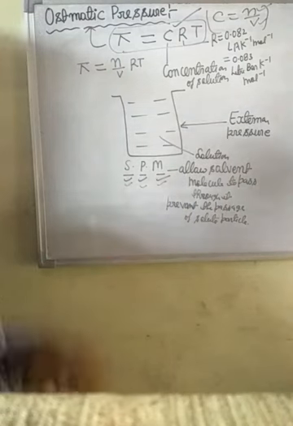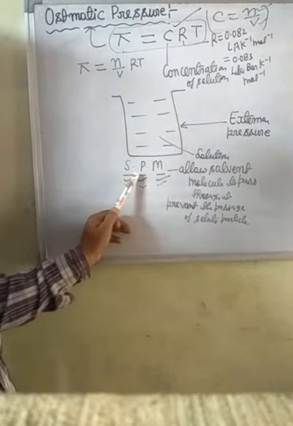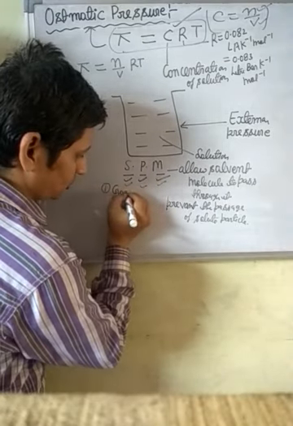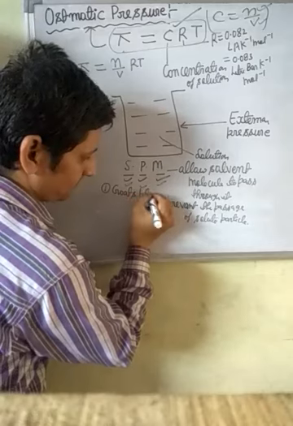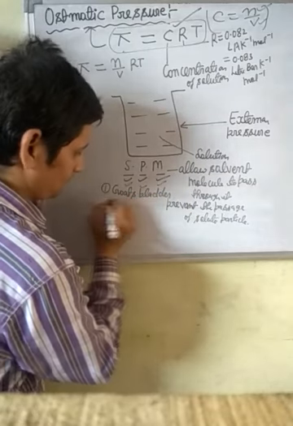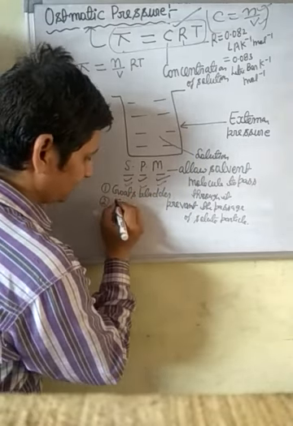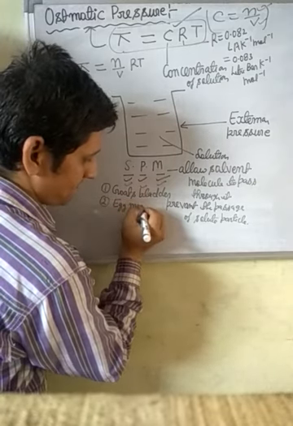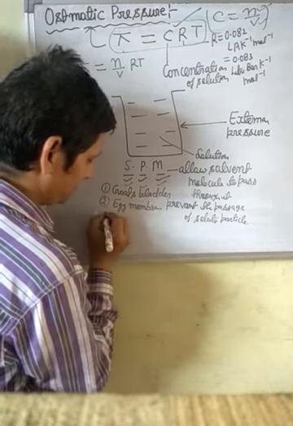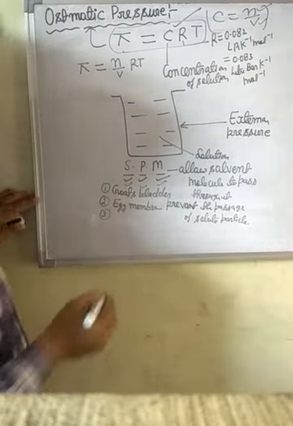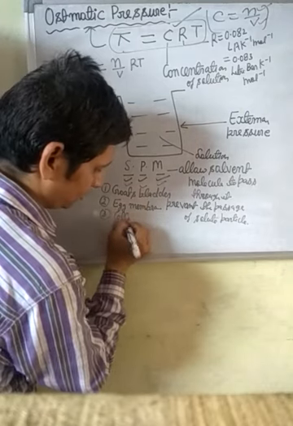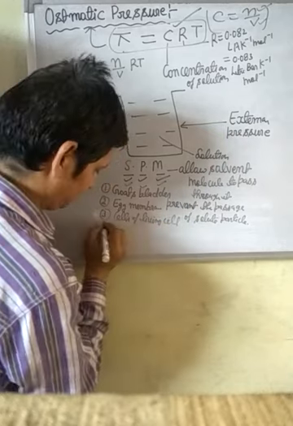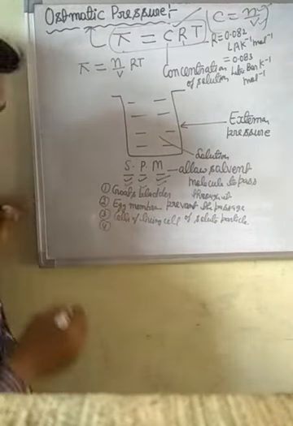Okay student, examples of semi permeable membrane: number 1, goat's bladder; then egg membrane; cells of living cell; and fourth is cupric ferrocyanide.